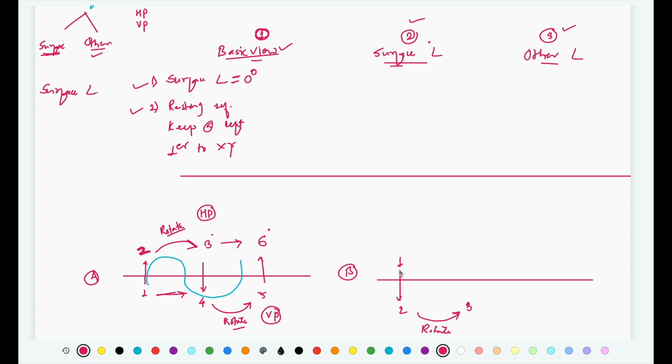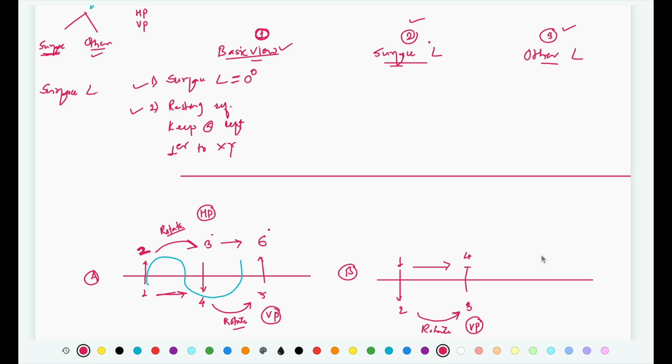Whereas in scenario B, where you have got step number 1 in a front view, when you are going to draw step number 3, this inclination is going to be inclination with the vertical plane. You will project this view, you will take projections from step number 1, and you will get step number 4.